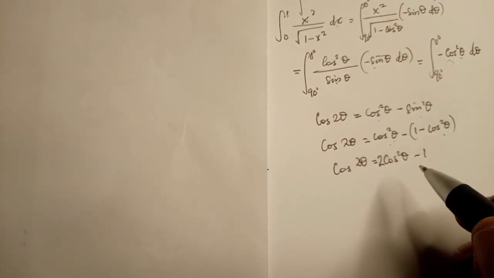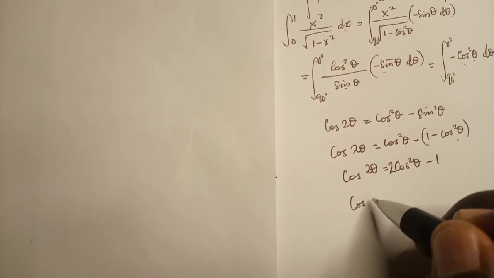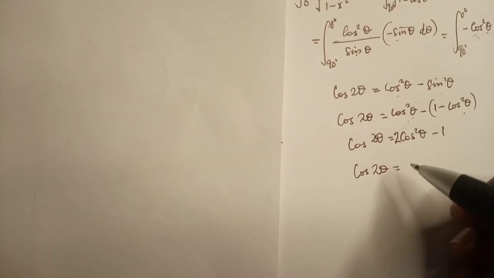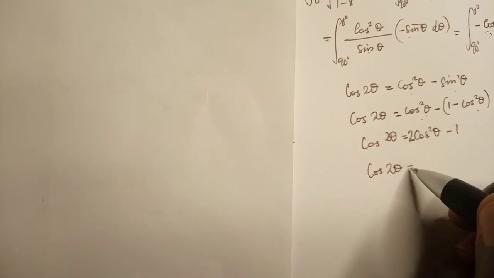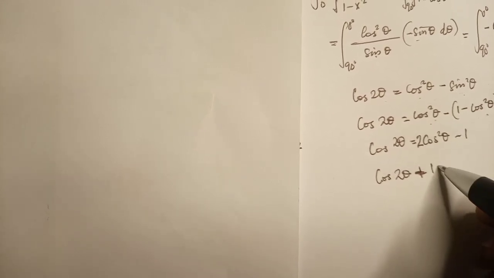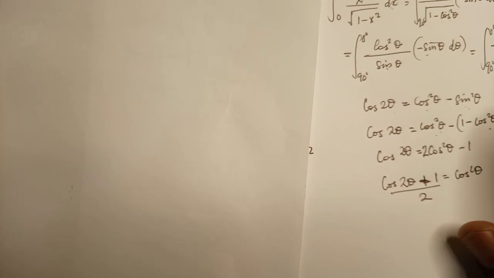Simplifying all, you have cos 2 theta equals, okay, we can make it straight, so plus 1 equals, this will be cos square theta all on 2. So we have this.